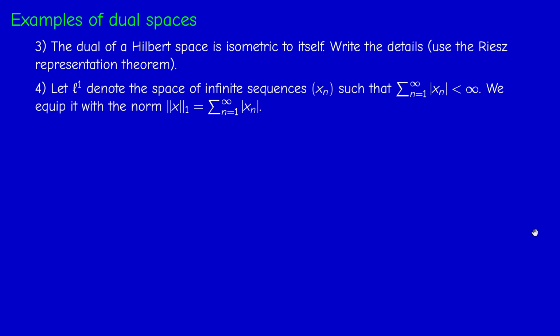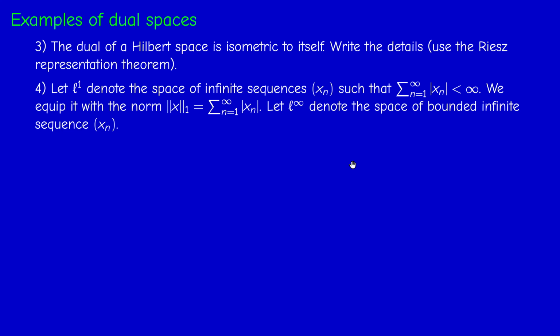So what is the dual of L1, or what does it look like? Actually, we'll prove that it's isometrically isomorphic to L infinity. What is L infinity? L infinity, as you may know from second year, is the space of all bounded infinite sequences with the supremum norm.